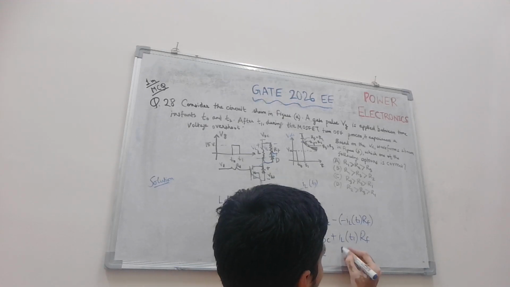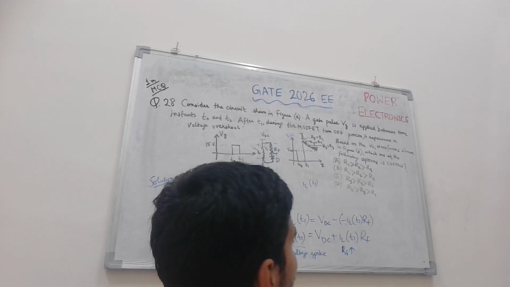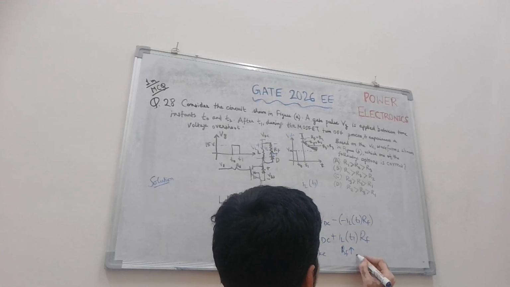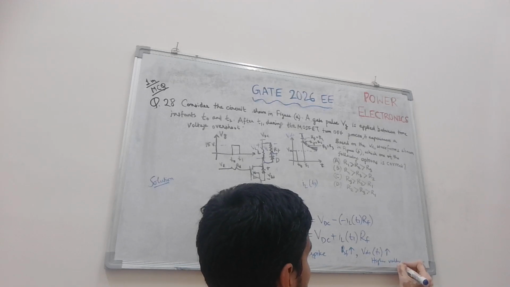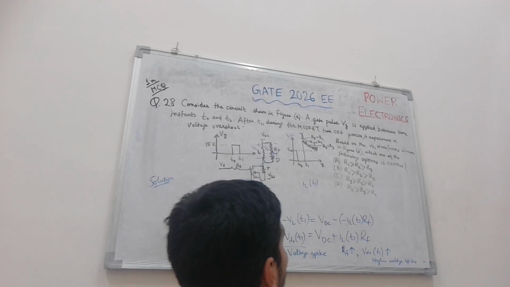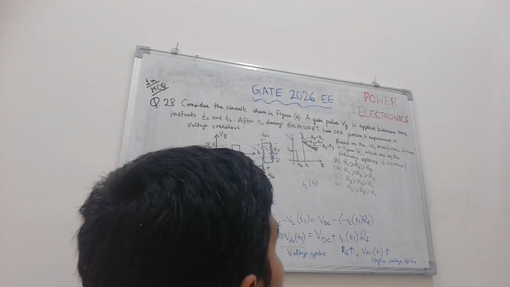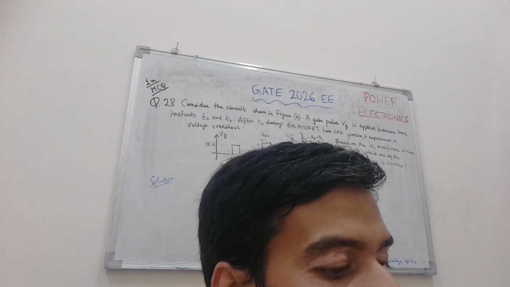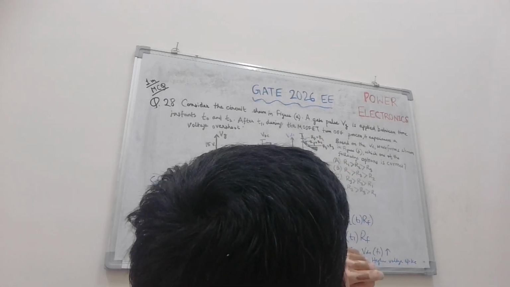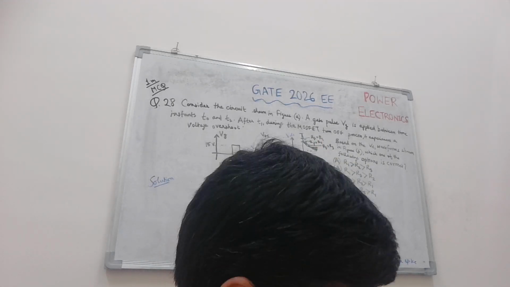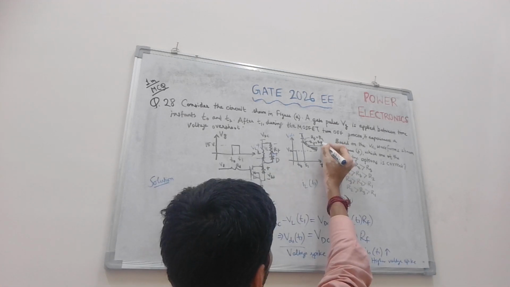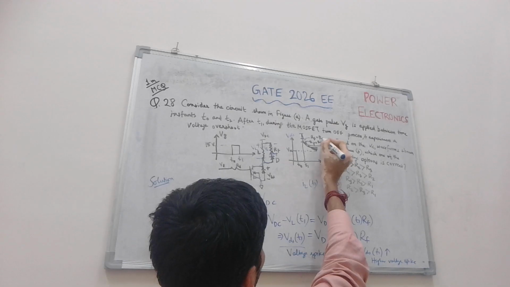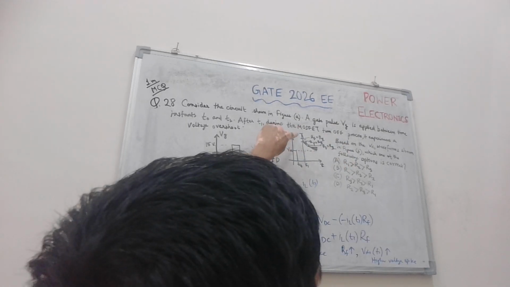So the higher the value of RF, the higher will be the voltage spike. The highest voltage spike you can see is for R1.